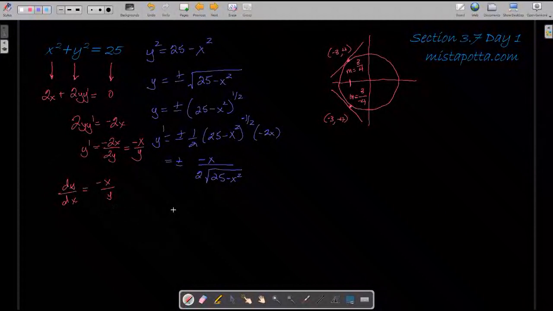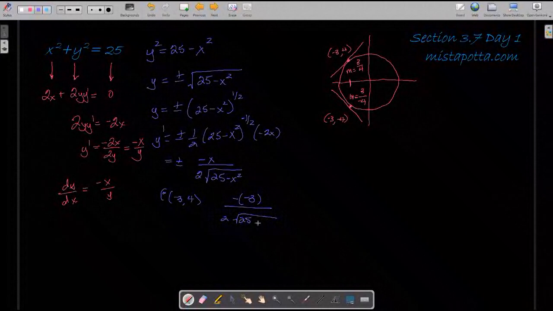But again, if I'm looking at the point negative 3, 4, I'm looking at this for the opposite of my x coordinate over 2 times the square root of 25 minus my, I forgot my 2 here.